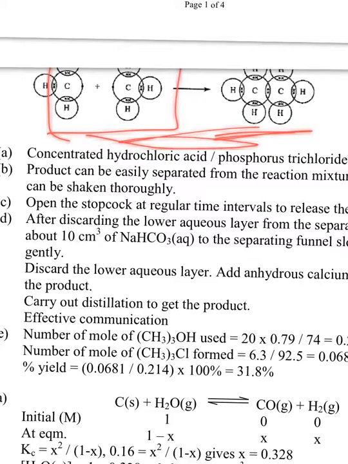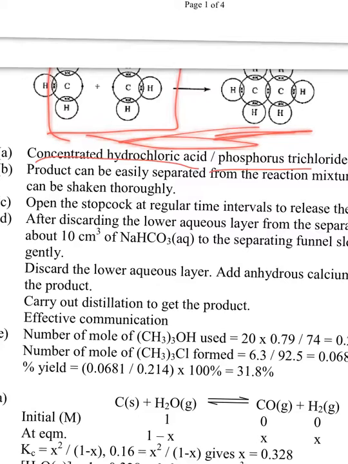You need to write down concentrated hydrochloric acid or phosphorus trichloride. Someone write down PCl5. It's correct, but it's wrong for this question because name. You may write down phosphorus pentachloride. Okay, but not PCl5 or PCl3 or HCl. Okay, because as name.